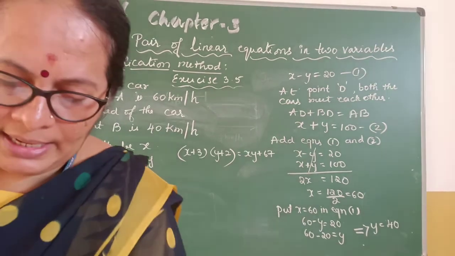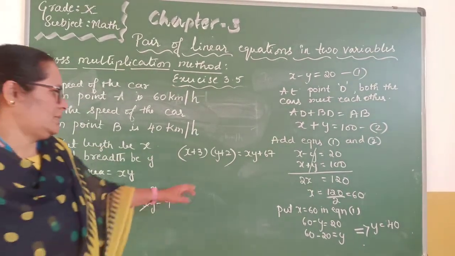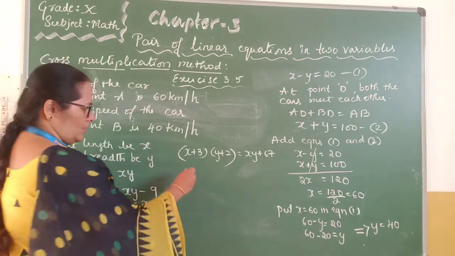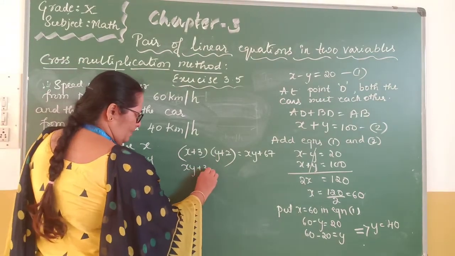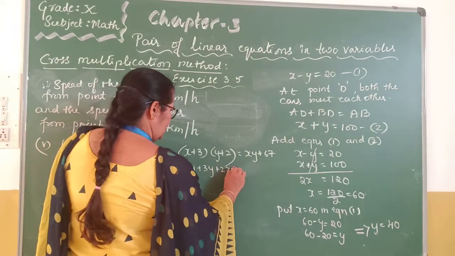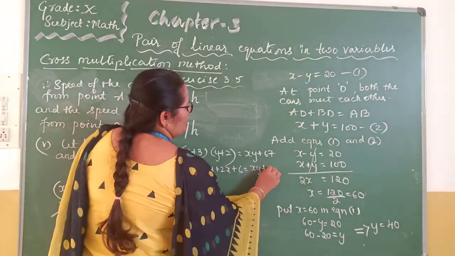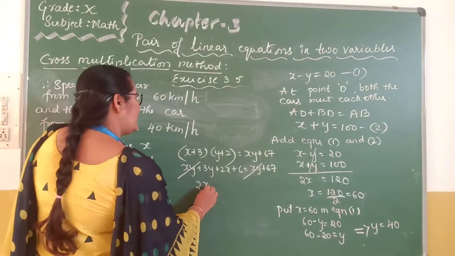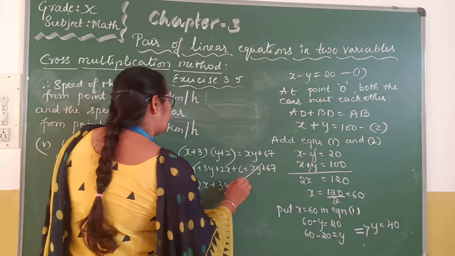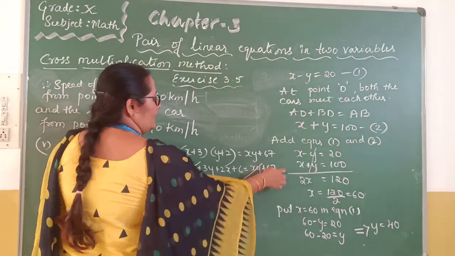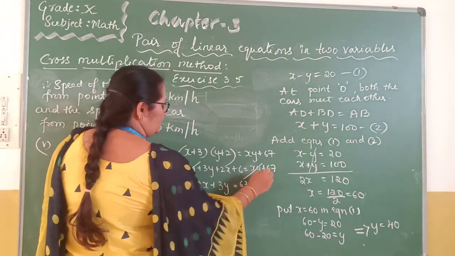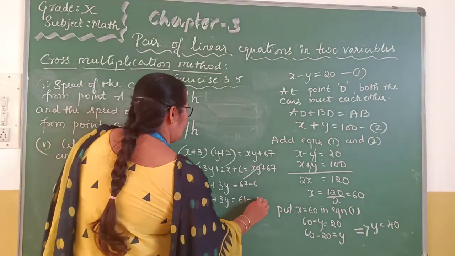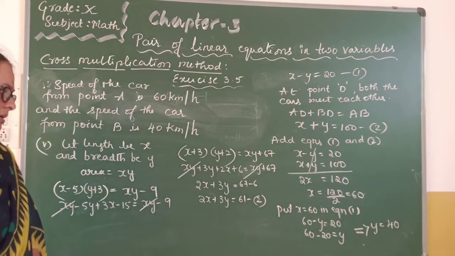So one more equation: xy plus 3y plus 2x plus 6 equals xy plus 67. The xy cancels. 2x plus 3y equals 67 minus 6. So 2x plus 3y equals 61. This is the second equation.